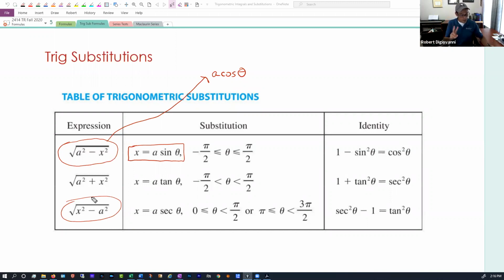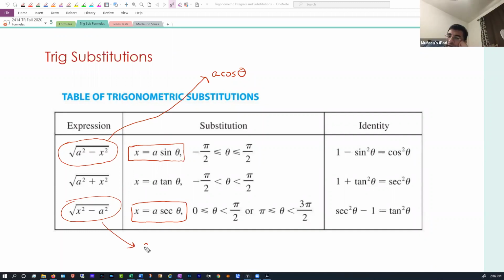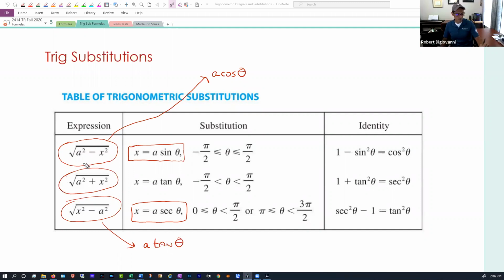All right, so the second one I did was this one. If it's x squared in front of the a squared, flipped around, then we make this substitution, and do y'all remember what this turns into? A tangent, right? And then the last one we did was this one.